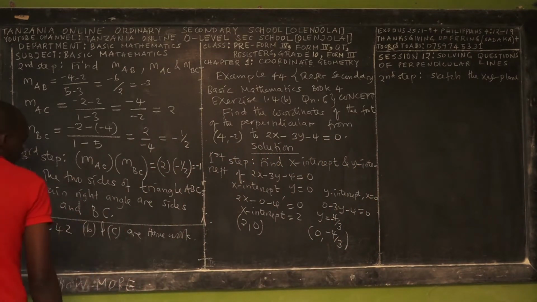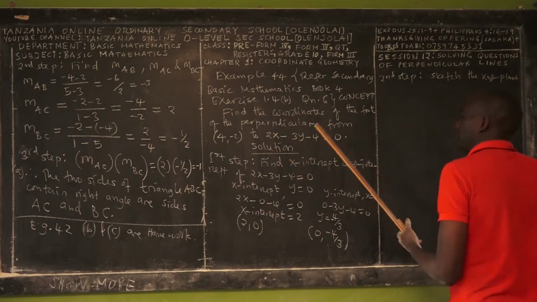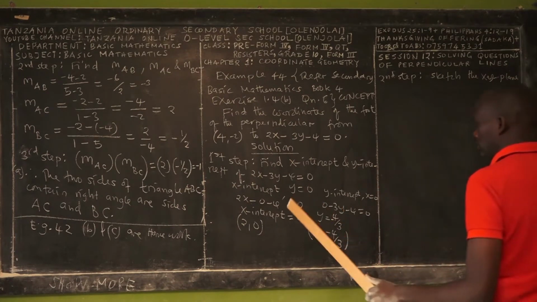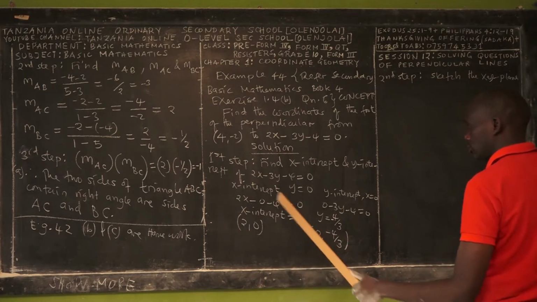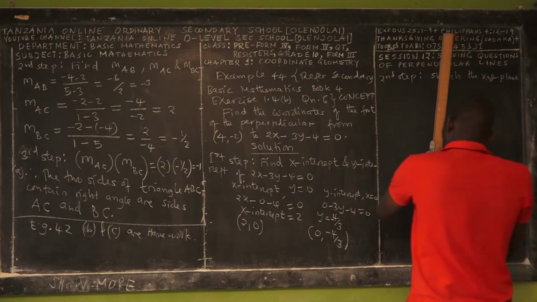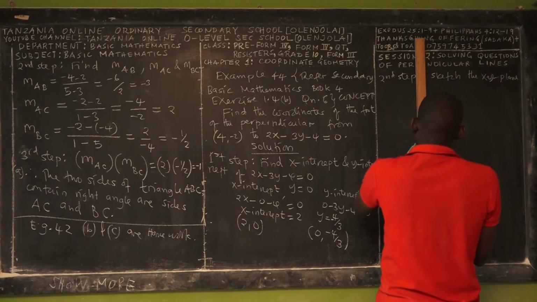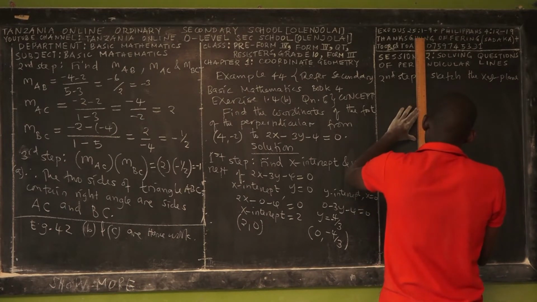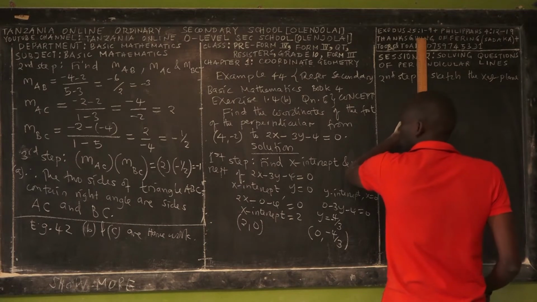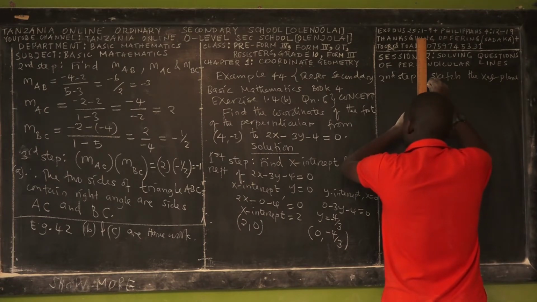Ladies and gentlemen, you can even sketch it yourself. We have one point, (4, -2). The x coordinate is 4, and the y coordinate is negative 2.